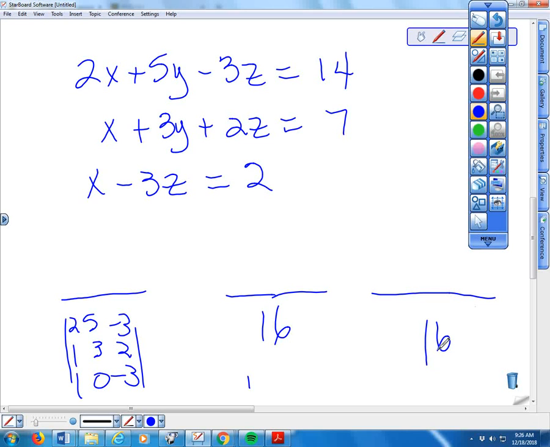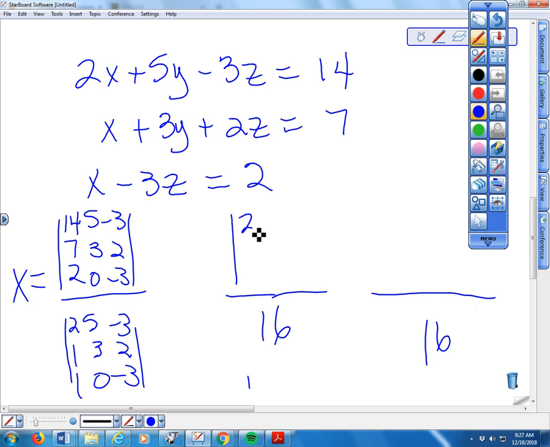On top then, it's going to be the exact same matrix as the bottom, except for the x. I'm going to put 14, 7, and 2, and then the others are the same. For the y, I'm going to leave the first column the same, and I'm going to put 14, 7, and 2, and then negative 3, 2, negative 3.